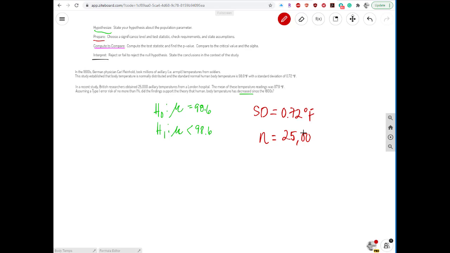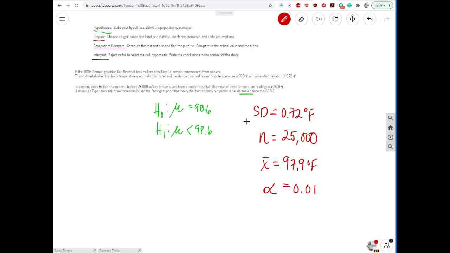So that's going to be my sample size. And when they calculated the mean of these temperatures, they got the mean of the sample to be 97.9 degrees Fahrenheit. And they want us to assume no more than a 1% type 1 error risk. So we want our alpha to be 0.01.